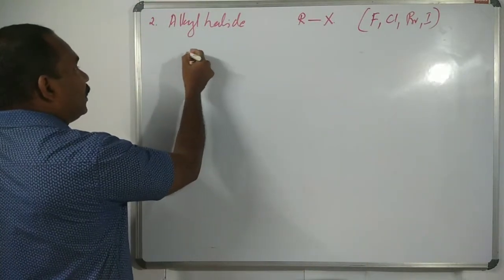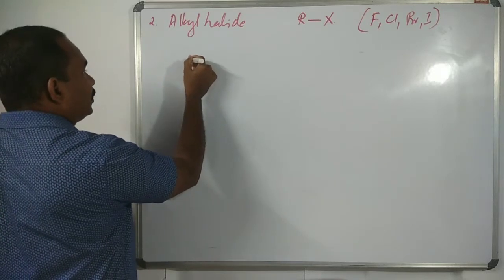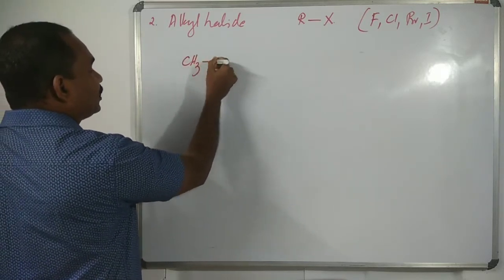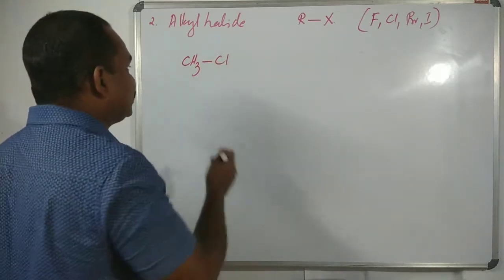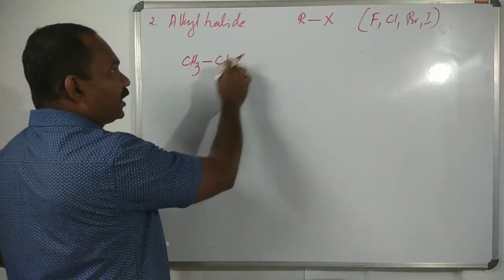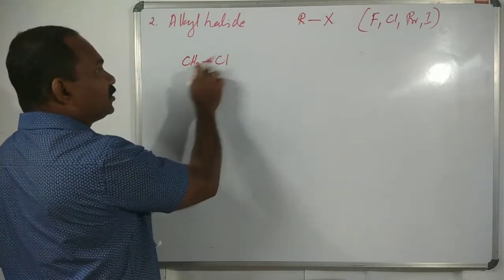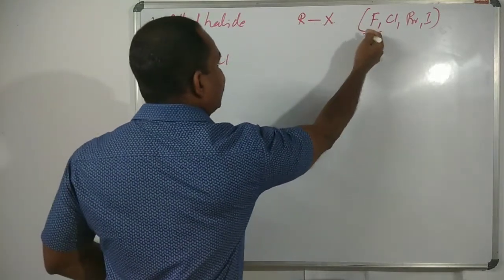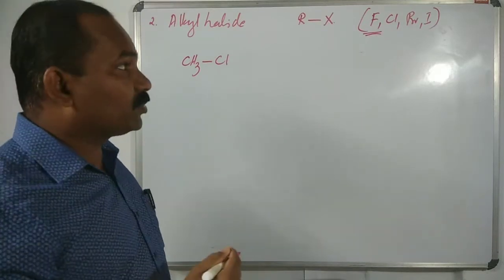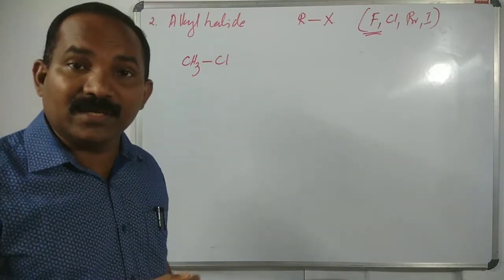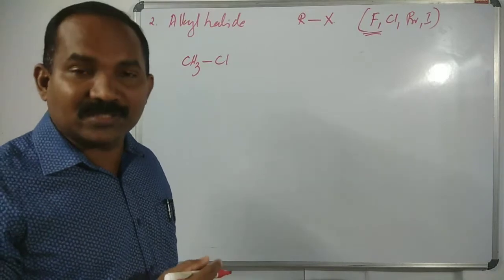Let's take one example, CH3Cl, methyl chloride. The alkyl group is the methyl group. Remember, except fluorides, chlorides, bromides and iodides react with zinc and dilute HCl.